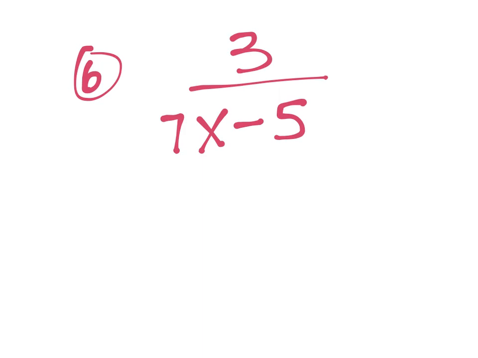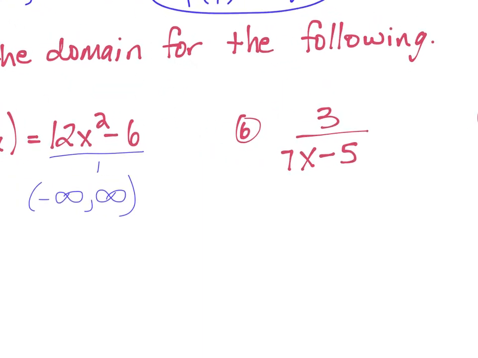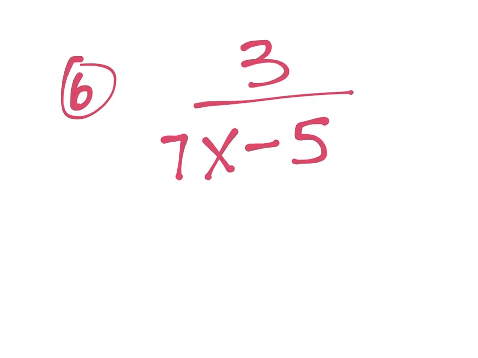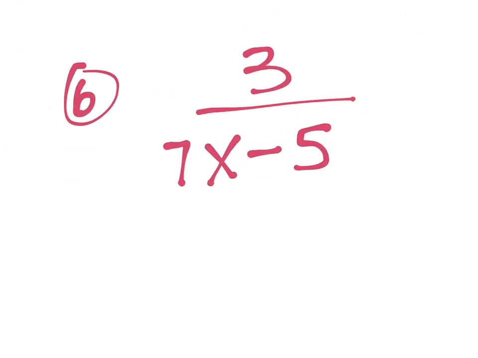What about here? For these guys, it would always be interval notation. So like here, what rule are we breaking? There's a variable where? Okay, so we have to say 7x minus 5 cannot be 0. X can be anything in the world except for one number. I've got to figure out what that one number is.